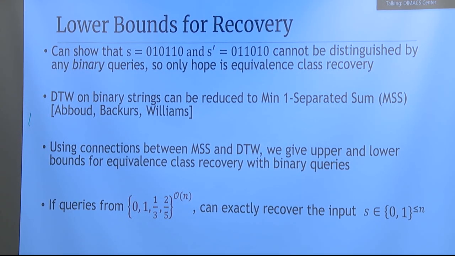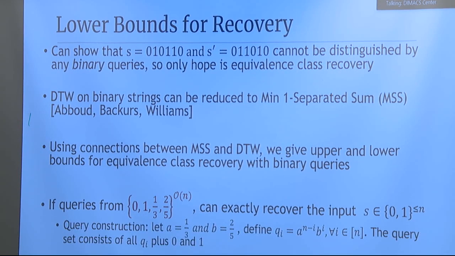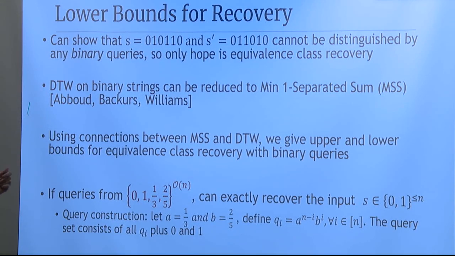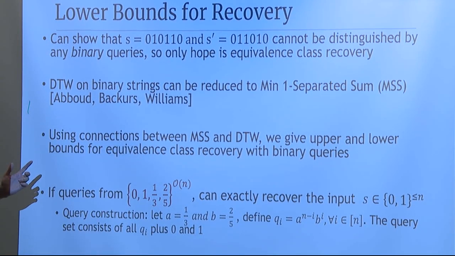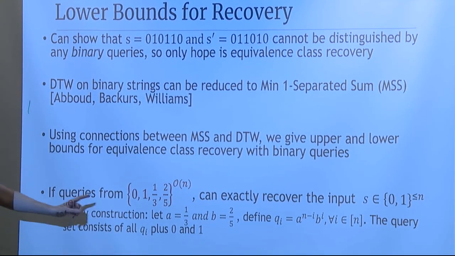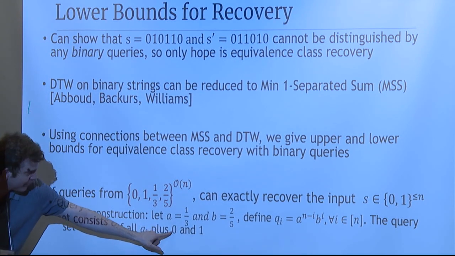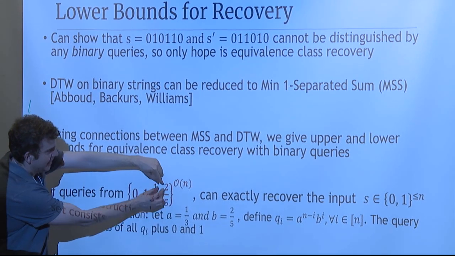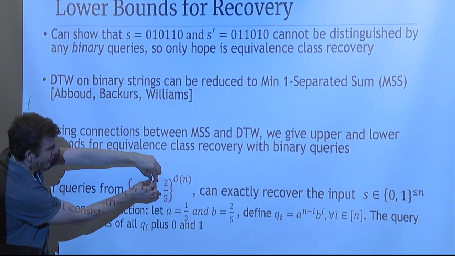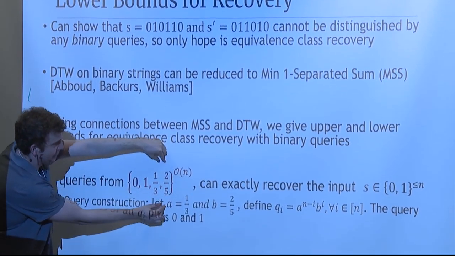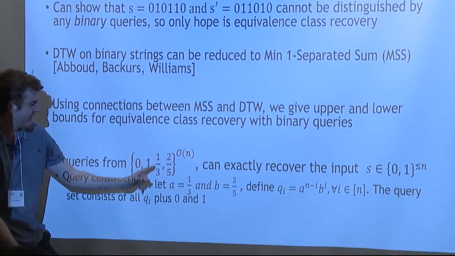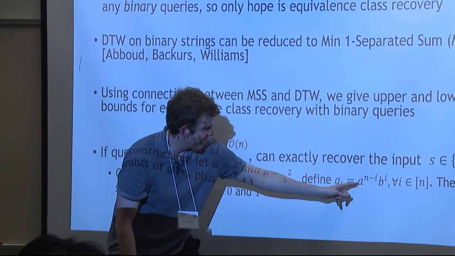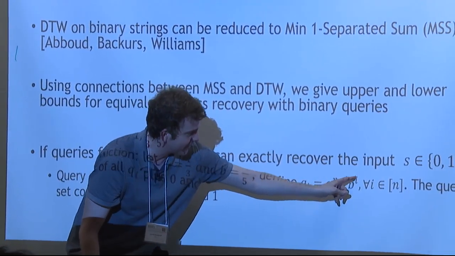The query construction is really just: you query 0, you query 1, and you query 1/3 to the n minus i, 2/5 to the i. So if this is A and this is B, then your queries are A to the n minus i, B to the i.